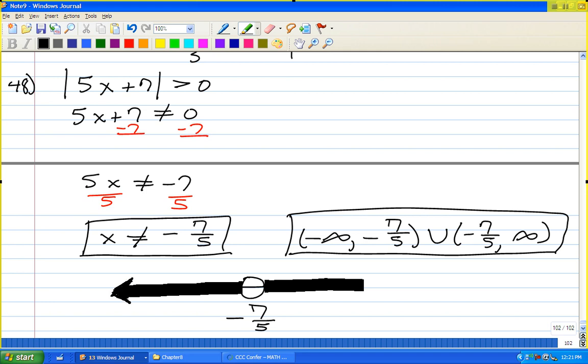So it's everything except for that one little point. Because at that one little point, negative 7/5, you are taking the absolute value of 0, which is 0. But everything else that you plug in will work. So the only thing that doesn't work is just this one little point. Any questions about that?